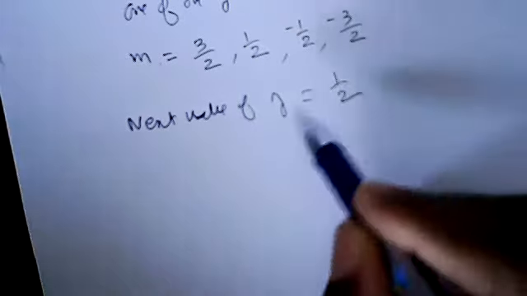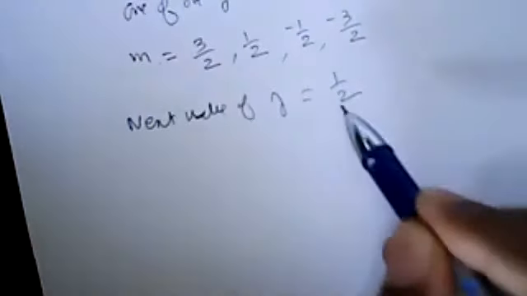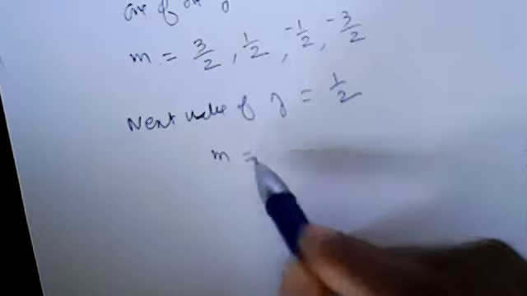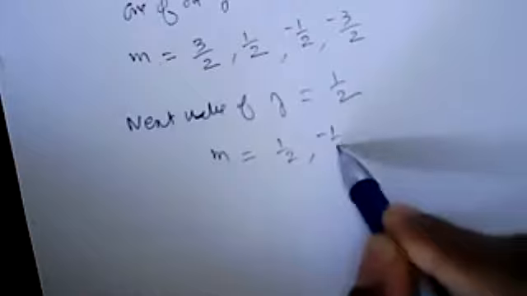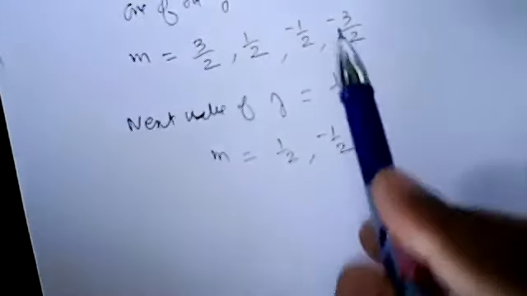Then for this j equal to half, what are the m values? 2j plus 1 m values are possible. Plus half and minus half. So here we have 4 values, here we have 2 values, totally six components you can identify here.